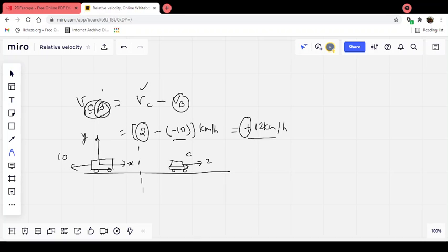And like I said, you have to subtract your velocity from the velocity of the car to get its relative velocity. So my velocity vector is 10 kilometers per hour. To subtract a vector, if you remember, we reverse the vector completely.